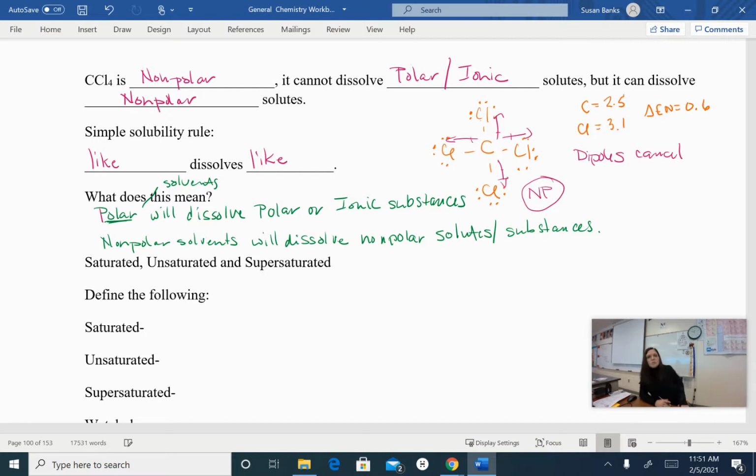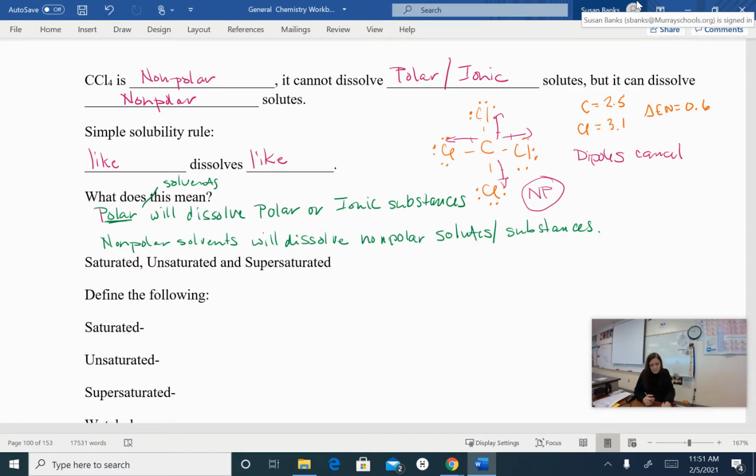Okay, so how many of you guys have accidentally got your gum stuck in your hair when you were a little kid, or in carpet or in your clothes? How many of you guys were successful in getting it out of your hair? Does gum dissolve with water?